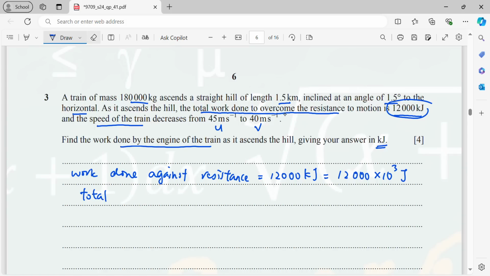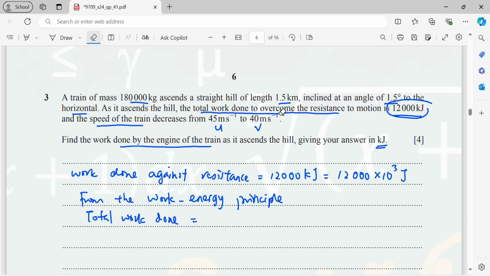Now, the total work done, I will refer to the work energy principle. So from the work energy principle, total work done, or I will say that it is net work done, right? So you can just write total work done.